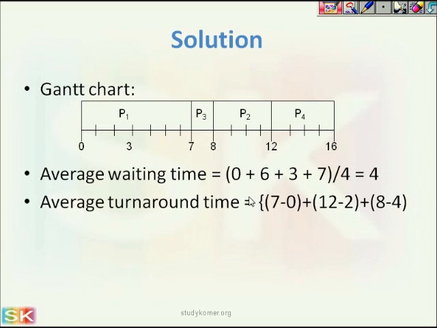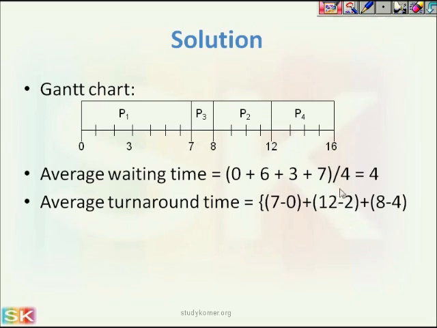Average turnaround time. So average turnaround time is equal to the turnaround time of P1. P1 was completed at 7 and it was submitted at time 0. So 7 minus 0 is the turnaround time of P1. Then for P2, P2 completed at 12 and was submitted at time 2.